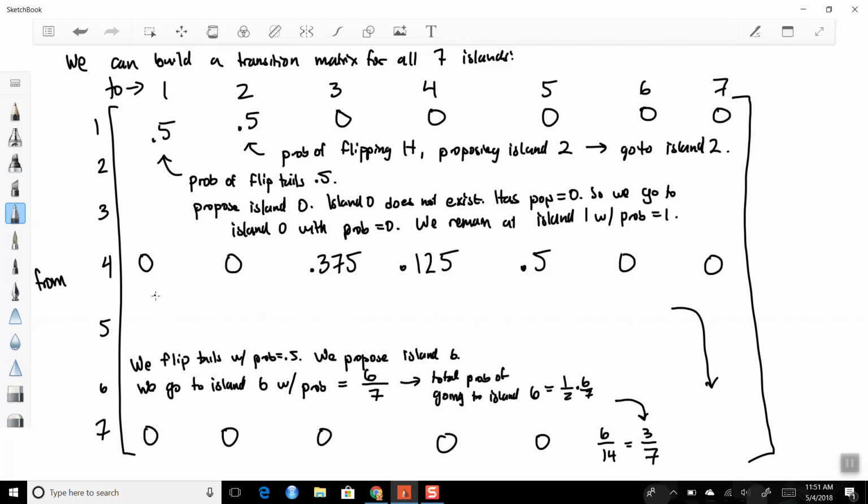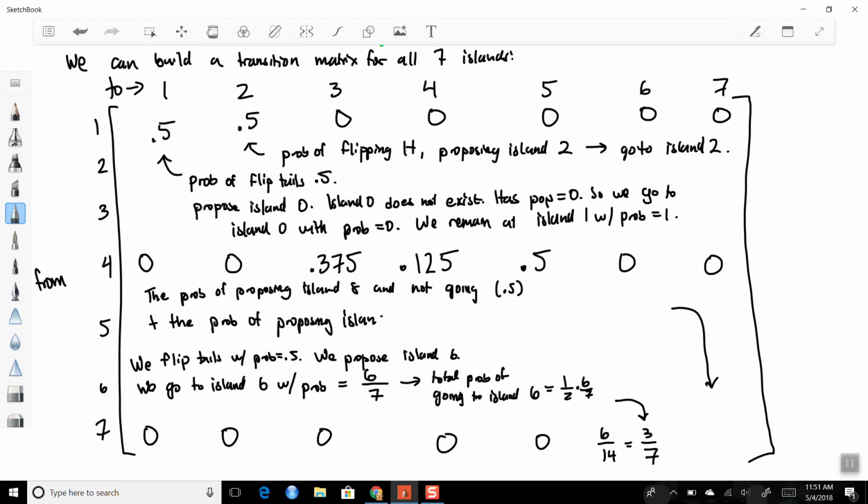This is going to equal the probability of proposing island 8 and not going, which is 0.5, plus the probability of proposing island 6 and not going, which is 0.5 times, we would go to island 6 with probability 6/7 once we propose it, and we would stay put with probability 1/7.